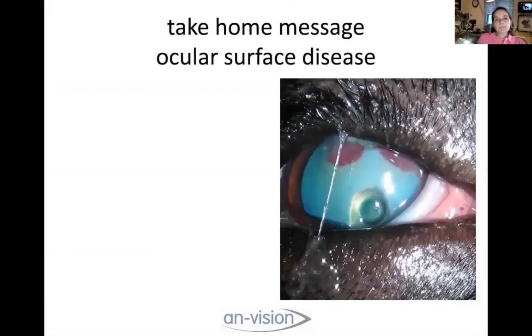So in summary, take home message, what I would like to stress is that ocular surface disease is tear film disease, full stop. Every time you have anything on the cornea and in the conjunctiva, remember that wheel that starts turning, you will have tear film disease.